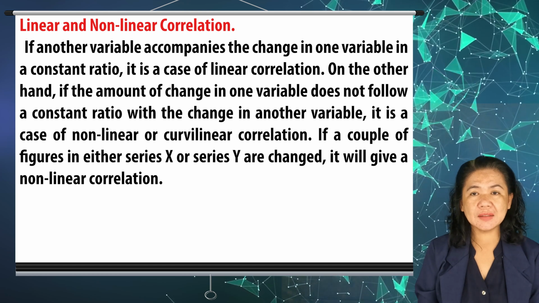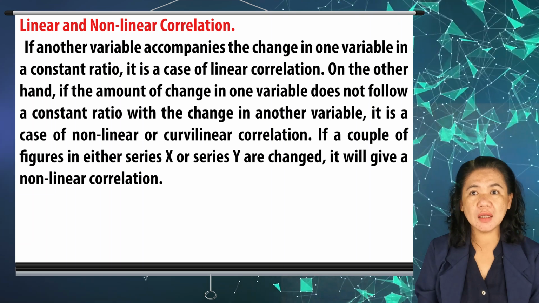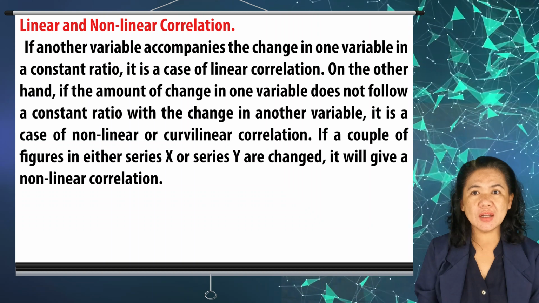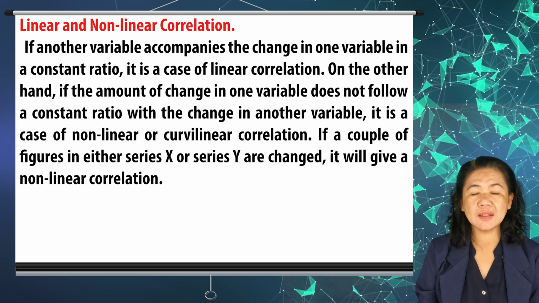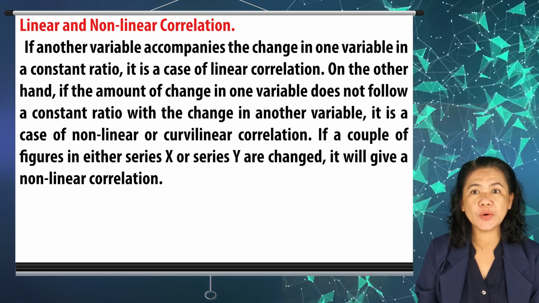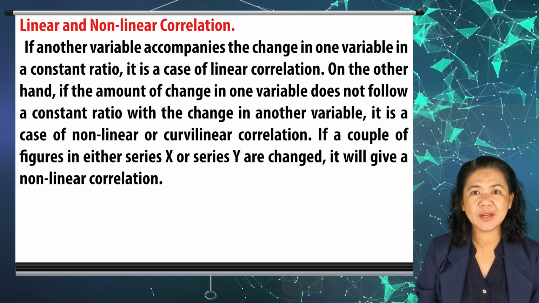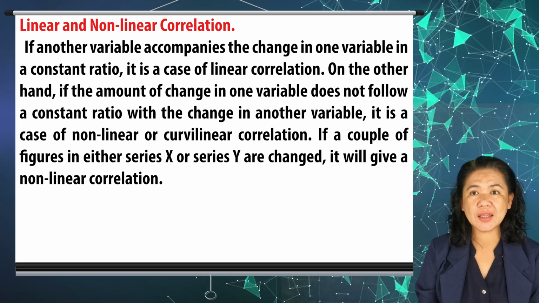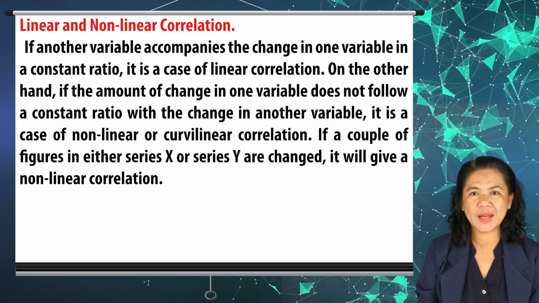On the other hand, if the amount of change in one variable does not follow a constant ratio with a change in another variable, it is a case of non-linear or curvilinear correlation. If a couple of figures in either series X or series Y are changed, it will give a non-linear correlation.